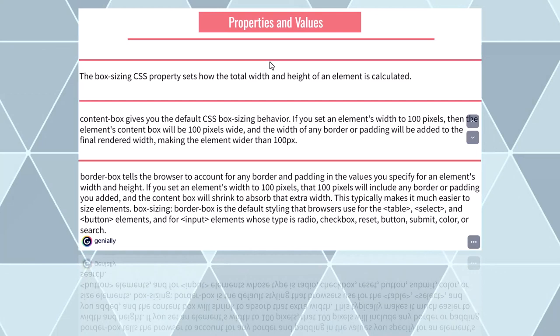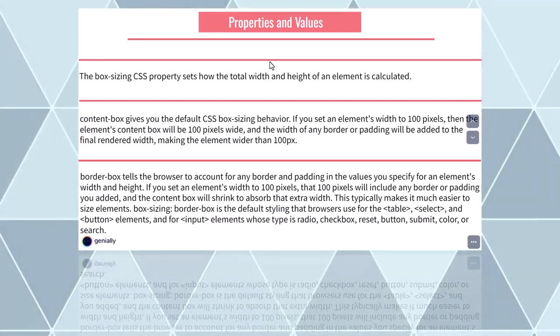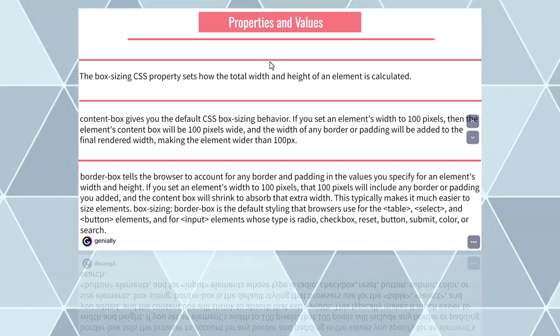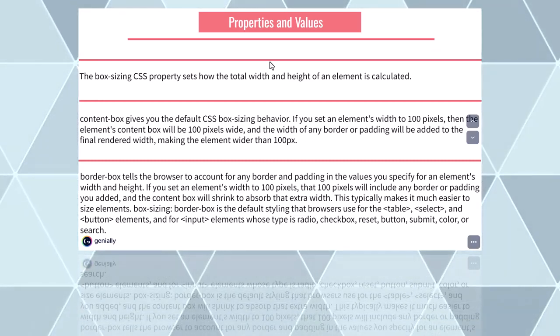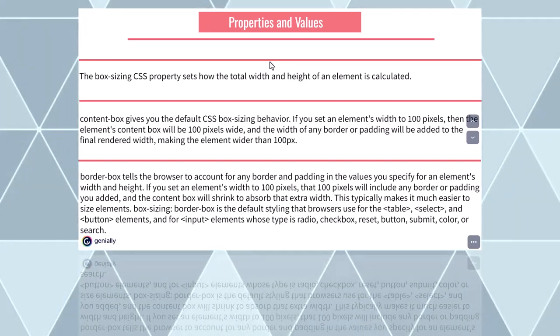So we'll start with the revision. The box sizing CSS property sets how the total width and height of an element is calculated. So guys, do you still remember when we spoke about box sizing?